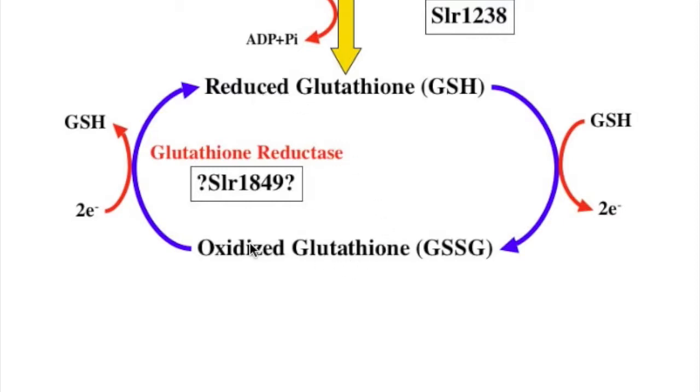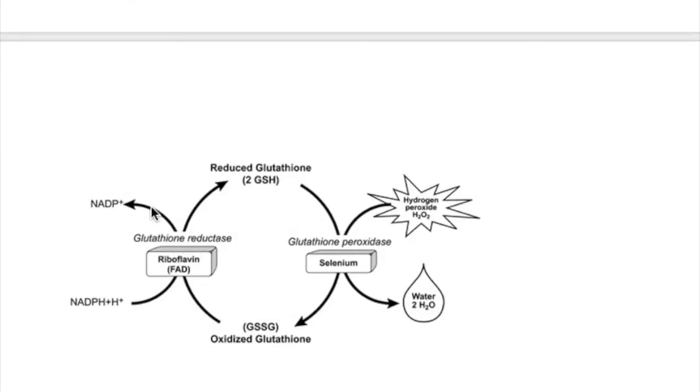The oxidized glutathione is converted to reduced glutathione by glutathione reductase, and the electron donor is NADPH, which is converted to NADP. Then the reduced glutathione, when it donates its electrons to the NAPQI, is converted back to oxidized glutathione by glutathione peroxidase.